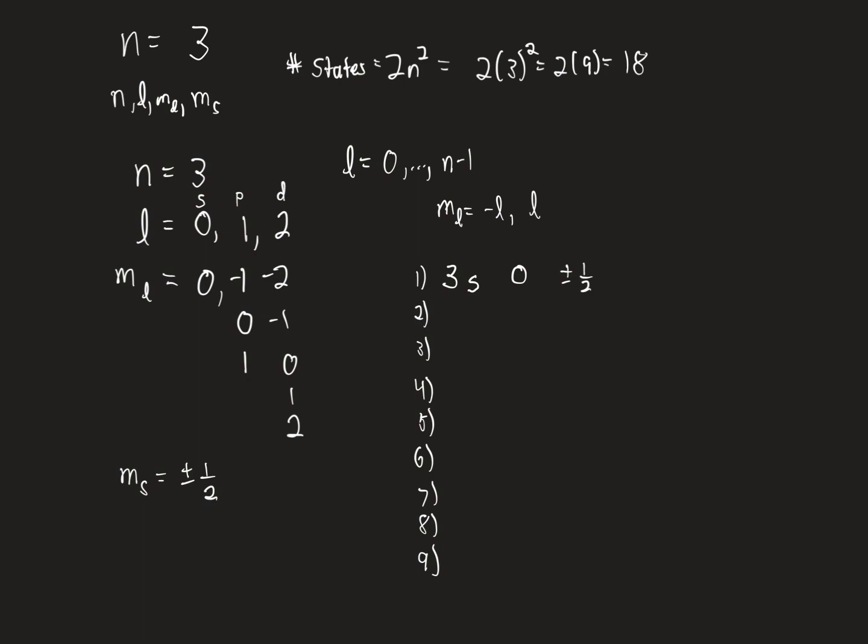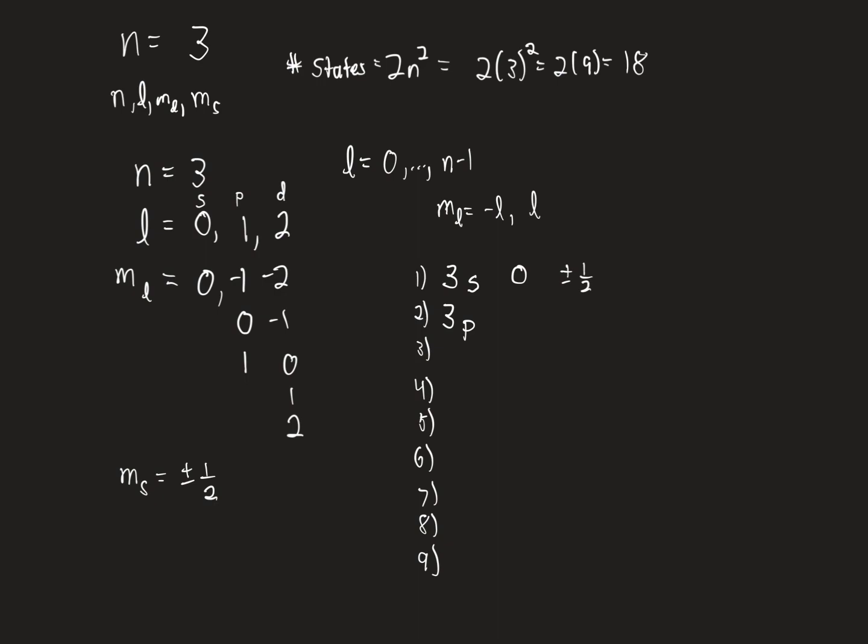I can have N is 3, L is equal to 1. If L is equal to 1, what letter do I write? I write a P. And then what M sub L's can I have?